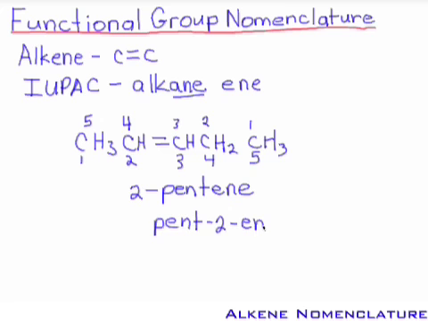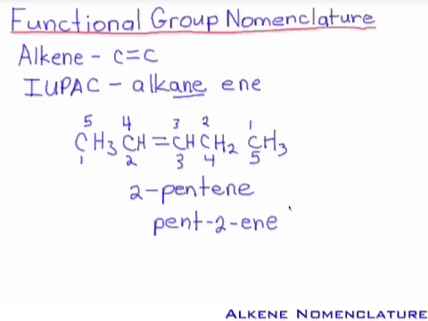Both names prior to 1993 were acceptable, but after 1993, according to IUPAC, the proper name would be where the 2, which is called the locant, that number that localizes where the double bond is placed, right next to the functional group name. So in this molecule's case, pent-2-ene is the best name.